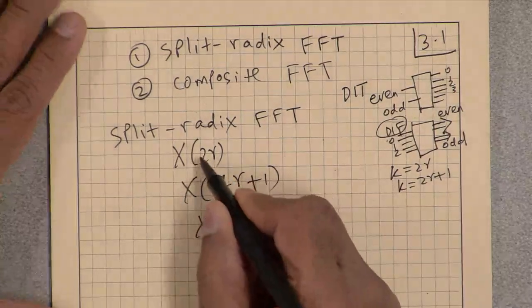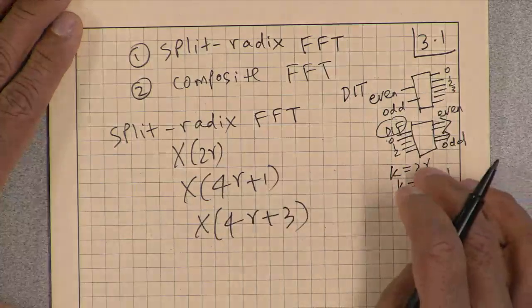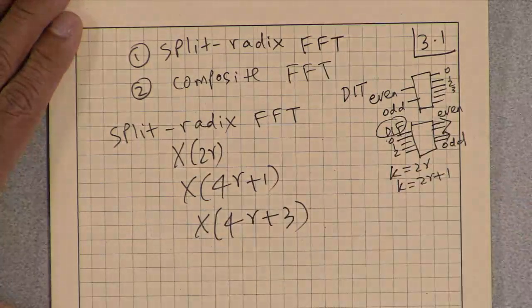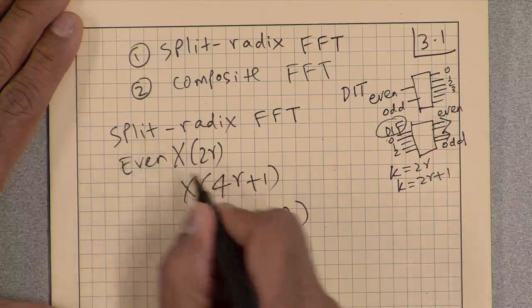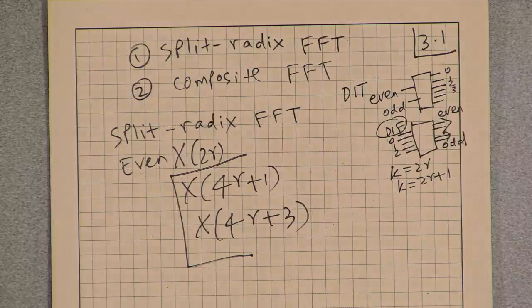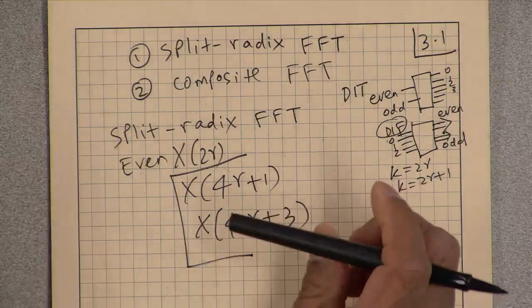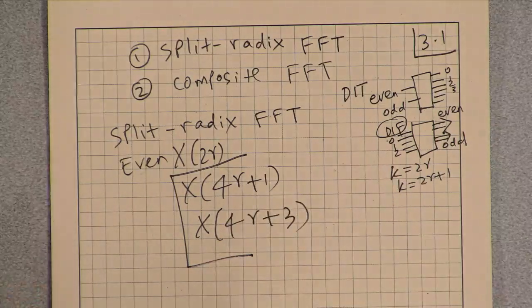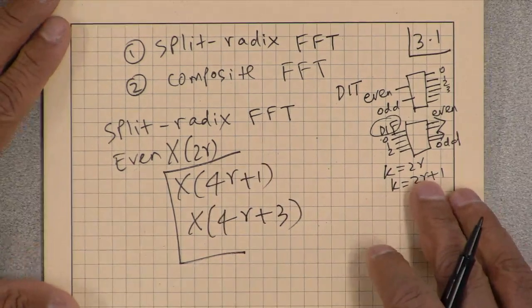So the first equation is exactly the same as what we computed last time, and that's the even. And the odd, instead of just computing X(2r+1), we are now going to use k equal to 4r plus 1 separately, and then k equal to 4r plus 3 separately, and those two together will describe all the odd DFTs.